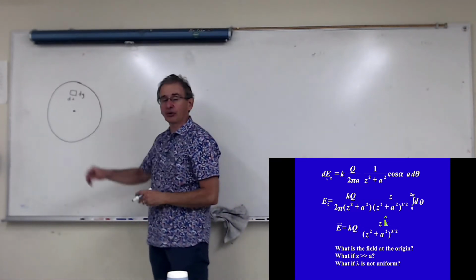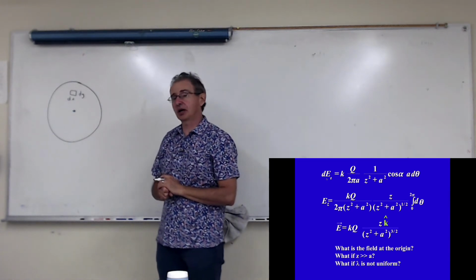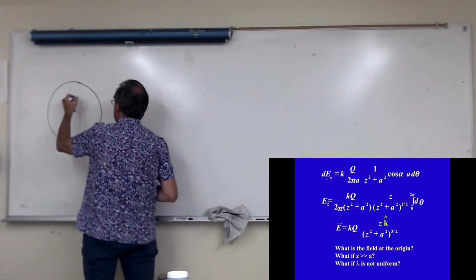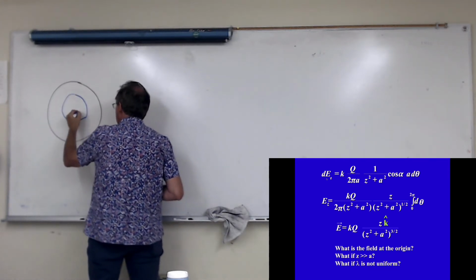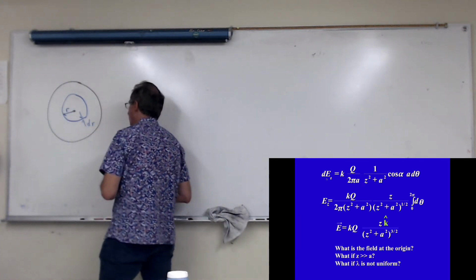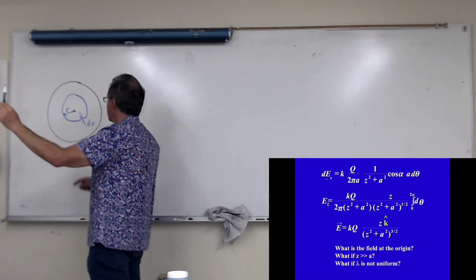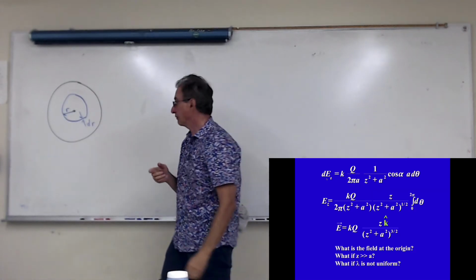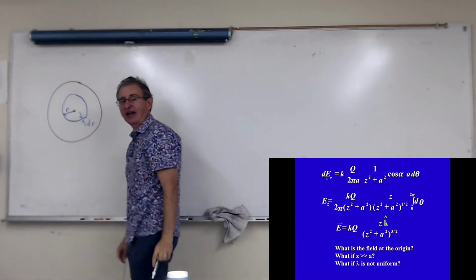If the charge density is uniform, or it only depends on r, you will see that if I take this disk and break it up into a bunch of rings of thickness dr and radius r, the field at this point, the z component of the field anywhere on that ring, is the same value.